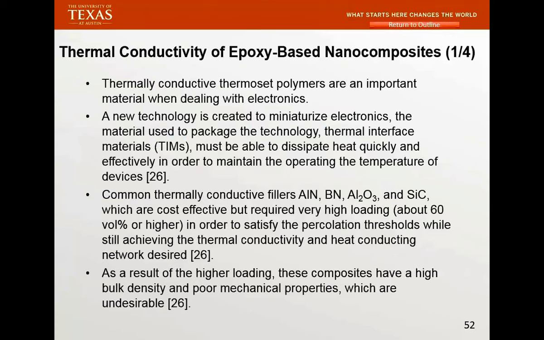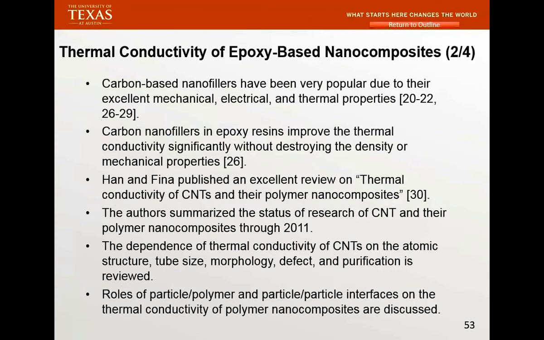Well, thermal, I'm going to talk about only one of the things that's very important, thermal conductivity. Like I said, polymer is insulating. If you try to make a polymer thermally conductive, you've got to do something about it. So I'm showing you some examples. I'll tell you why this is important. And this has been around, people use carbon base.